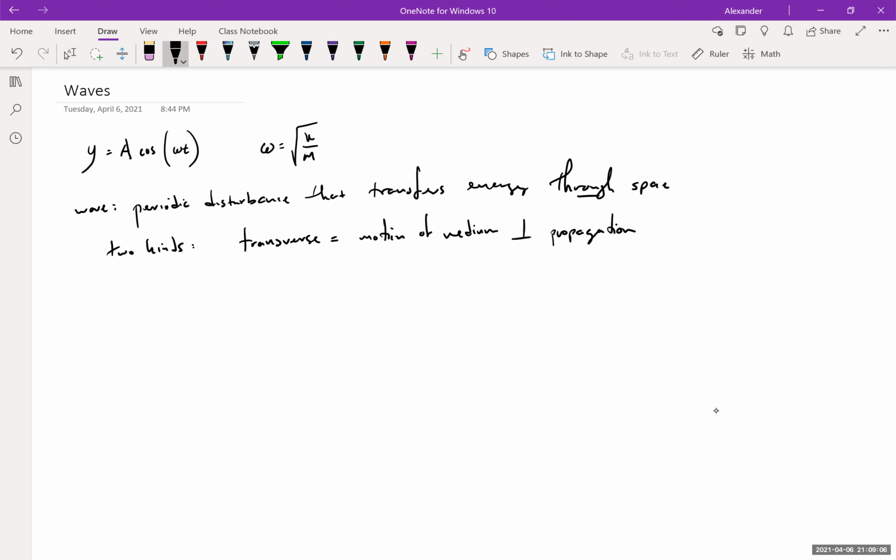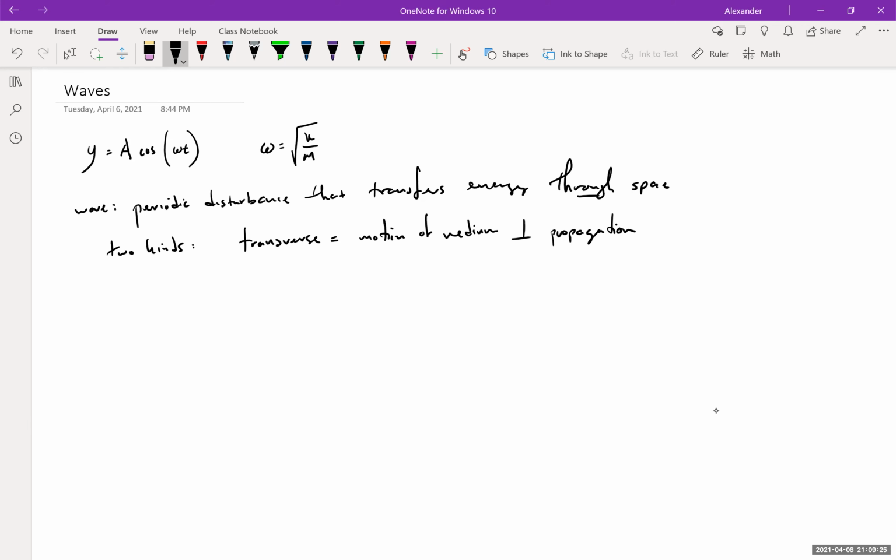The disturbance itself is sent horizontally, perpendicular to the oscillation direction. So we're moving the medium across the direction of propagation, transverse.